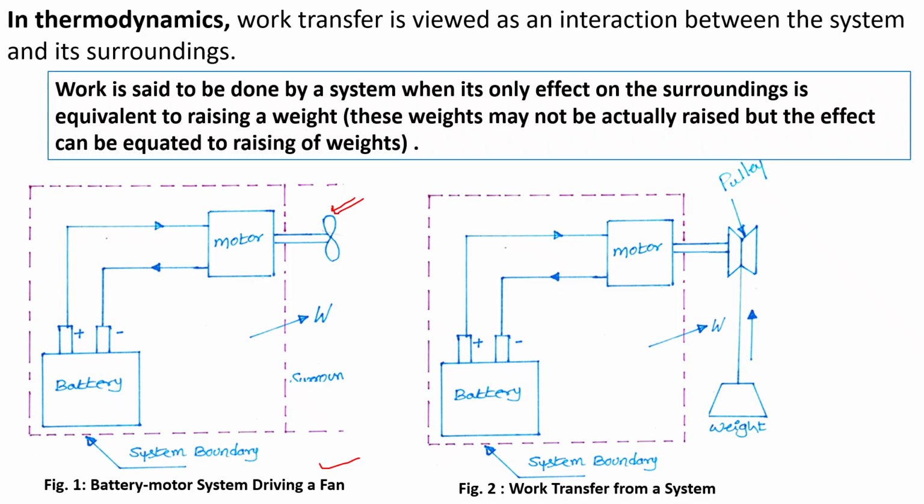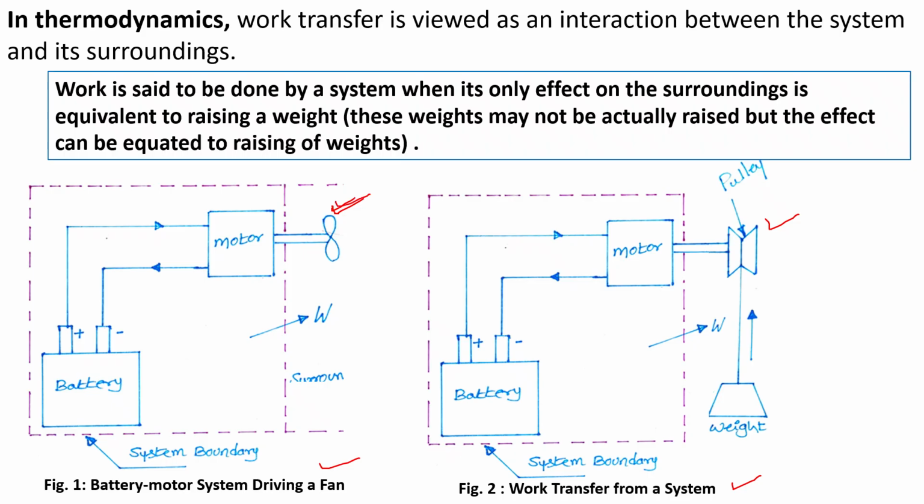Similarly, we have to refer to figure 2. When the fan is replaced with a pulley driven by a motor, the sole effect on the things external to the system is then the raising of a weight. So let's compare figure 1 and figure 2. We replace the fan with the pulley and weight.